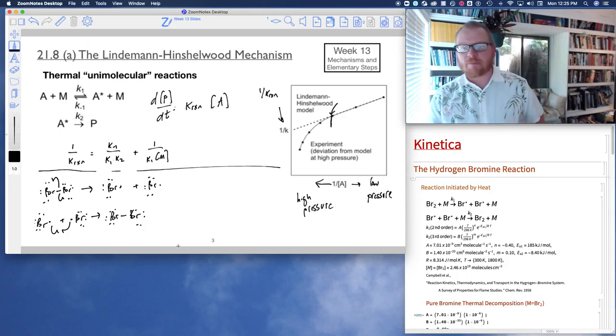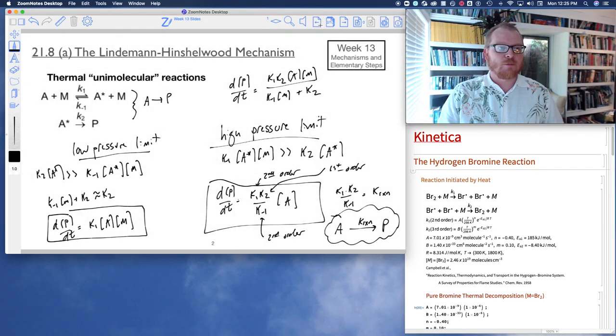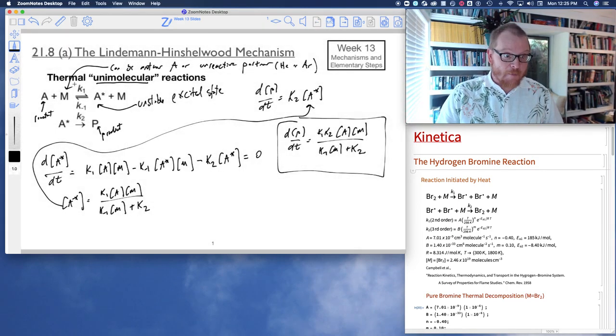And so what I've done in my Mathematica model here is two different things, all right? I talked about how sometimes this M could be another A, or it could be an unreactive partner like a helium or an argon, all right?